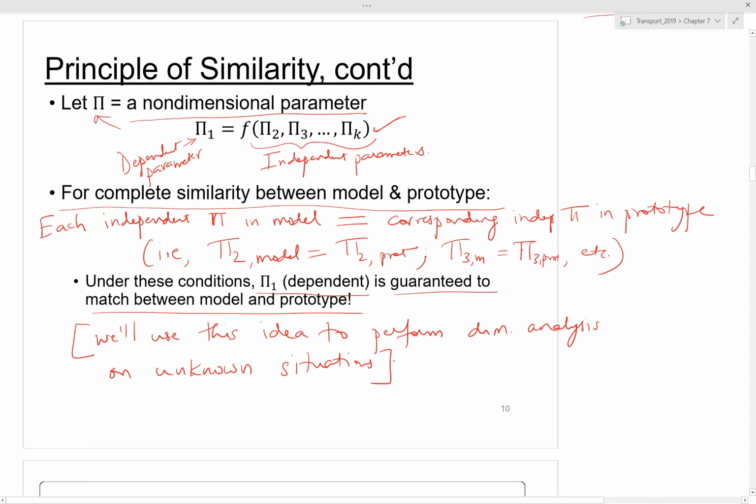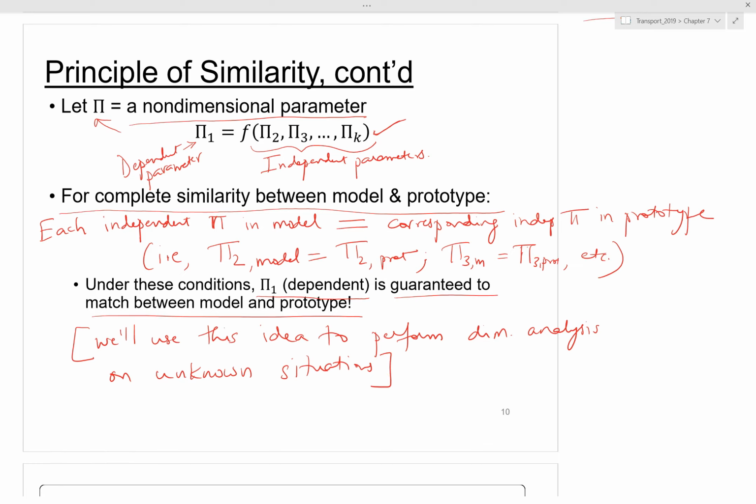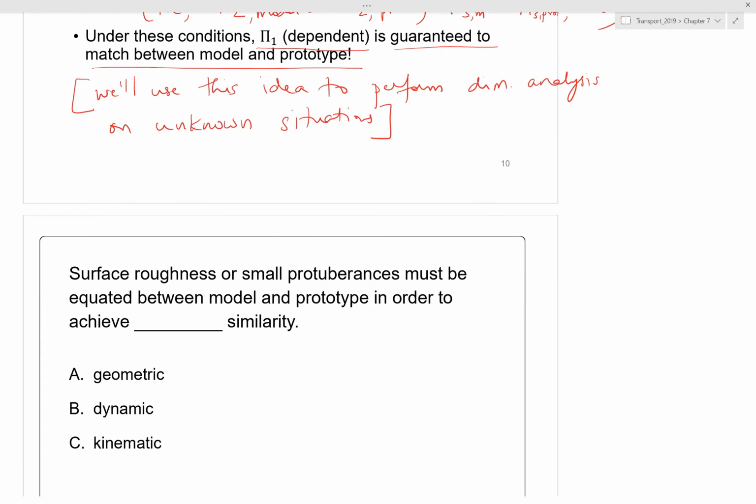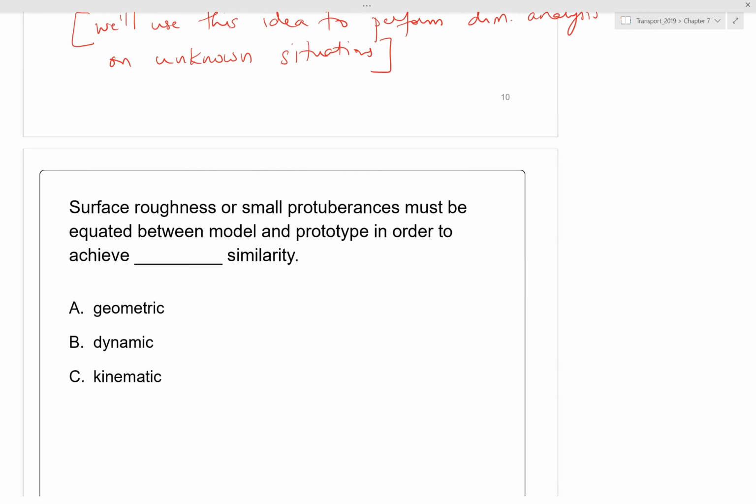Okay, so first let's look at a multiple choice question. Surface roughness, what we saw in chapter 8, or small protuberances must be equated between model and prototype in order to achieve what kind of similarity?